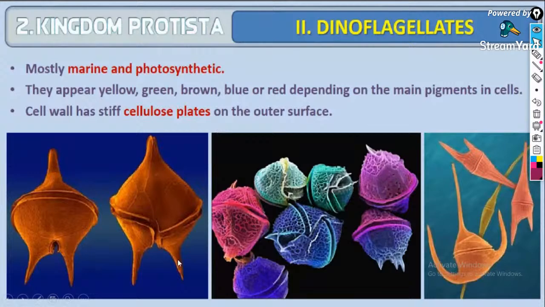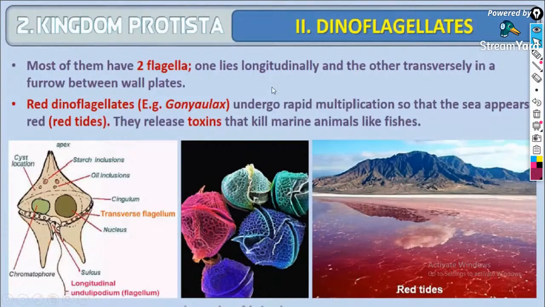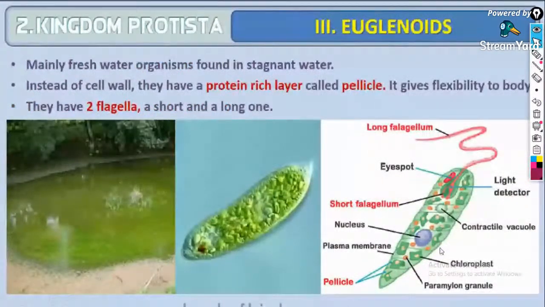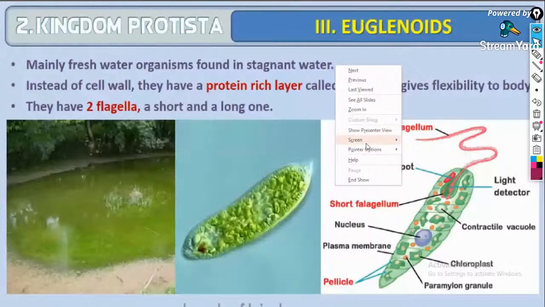So look, their body is like an armored shield. Then they have two flagella. One lies longitudinally and the other transversely between two flares. Example, Gonyaulax. They release toxins that kill marine animals like fishes. So these are the red tides. Okay, red tides. Next topic is euglenoids.